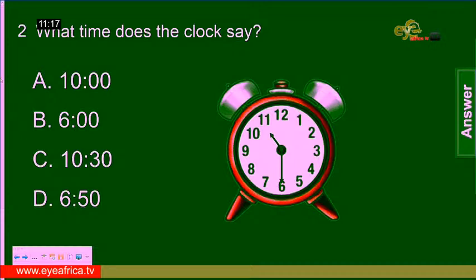Which option is the correct answer? When the longer hand is at 6 and the shorter hand is between 10 and 11, the correct answer there is 10:30, which is option C.